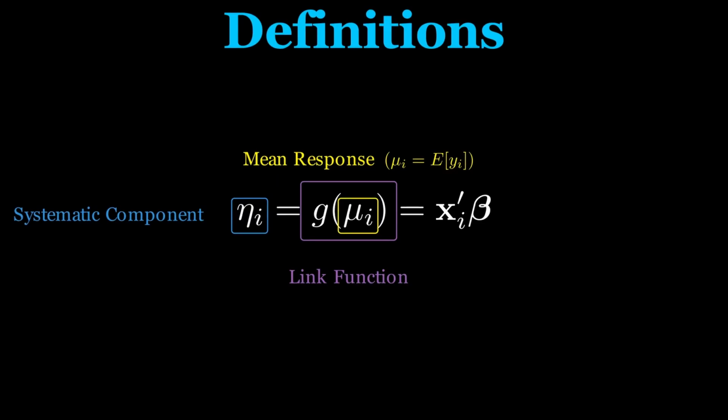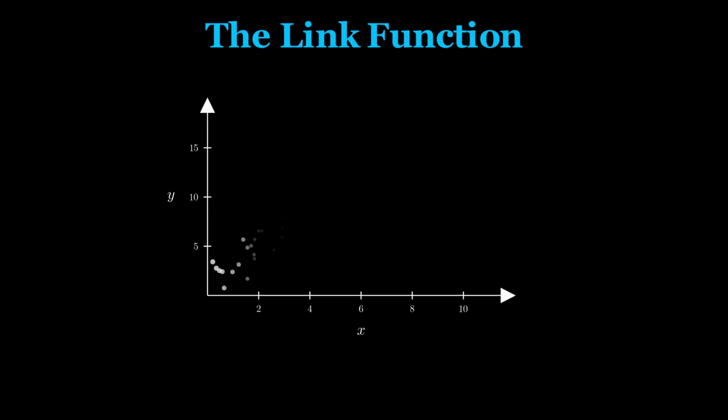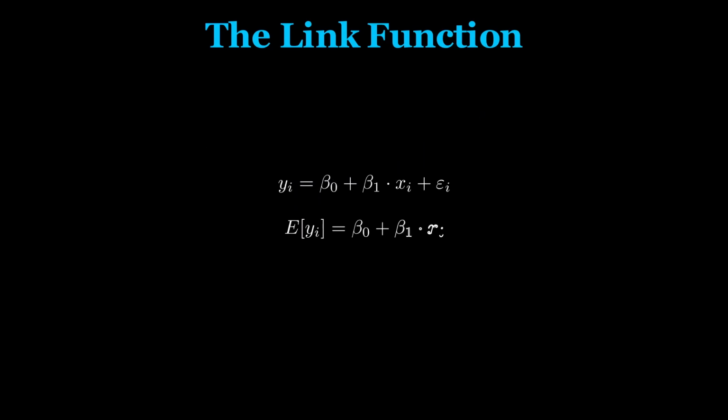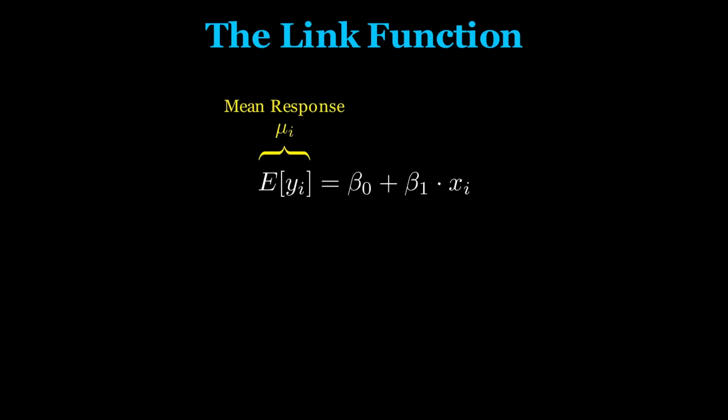Let's look at an example to understand this better. We'll start with the familiar simple linear regression model. In the familiar relationship, y_i equals beta 0 plus beta 1 times x_i plus epsilon_i. If we take the expected value of both sides, we get E of y_i equals beta 0 plus beta 1 times x_i. Notice that the left side of the equation is the mean response, and the right side is the systematic component.